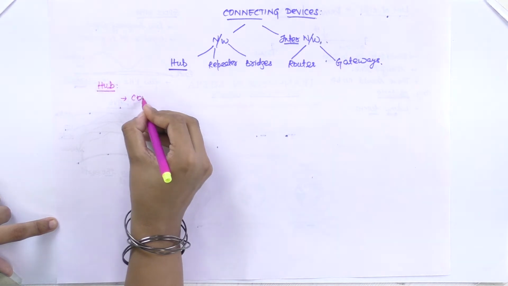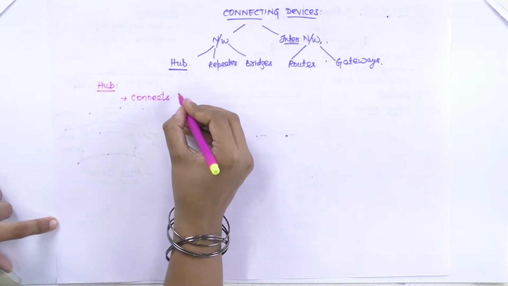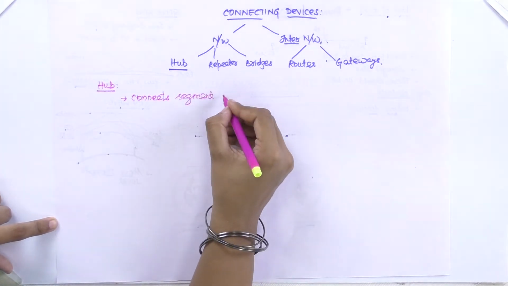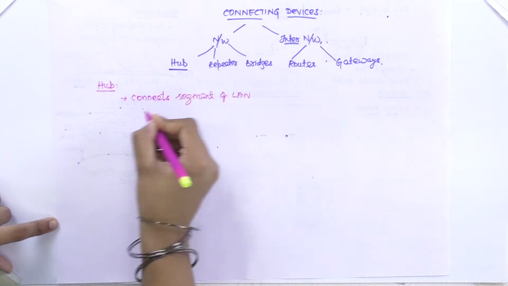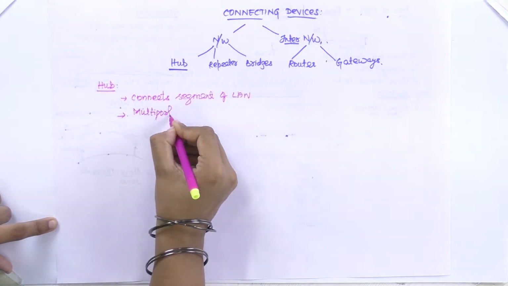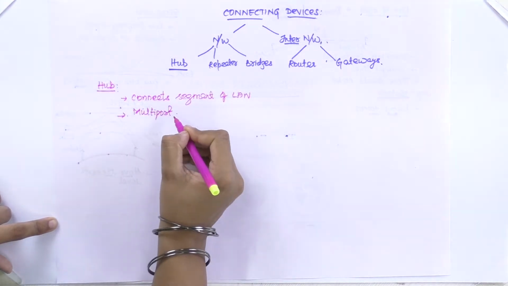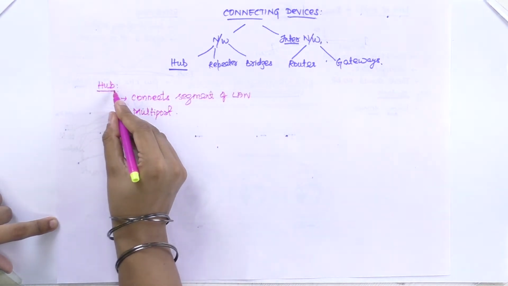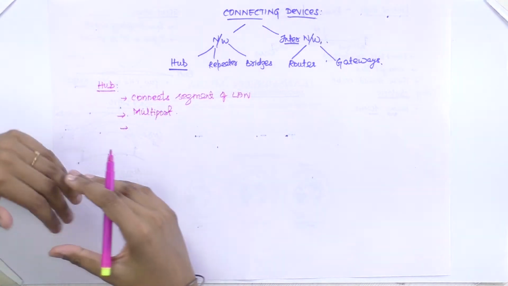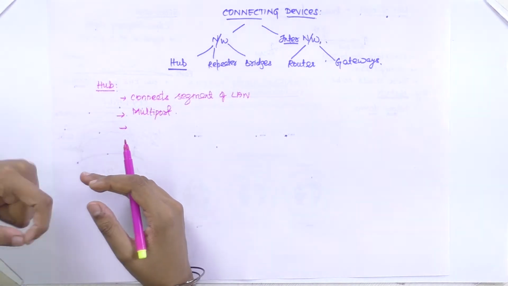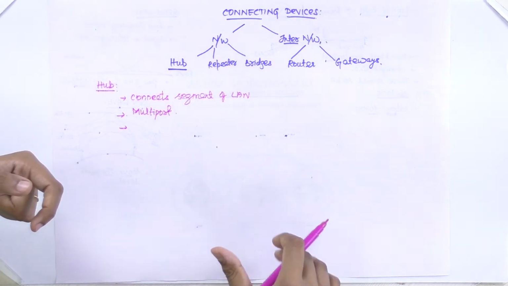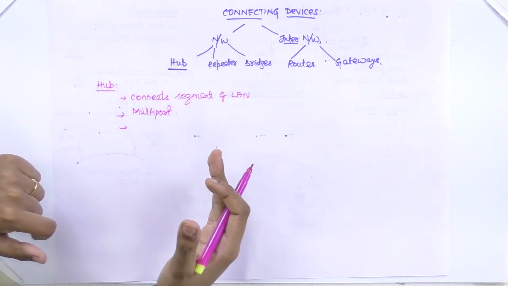This hub connects your segments of LAN. It is mainly used in LAN segments. Next, it has multiple ports. How many ever computers can be connected to this hub. Whenever a packet transfers in your hub connected computers, if one packet transfers from one computer, the connected computers in the hub will receive those packets.